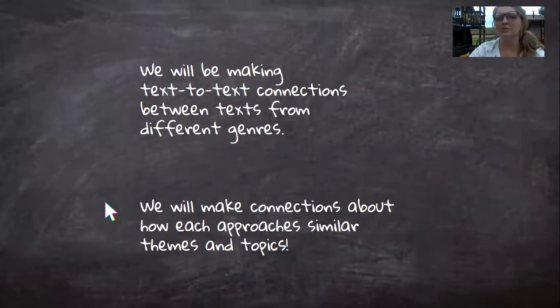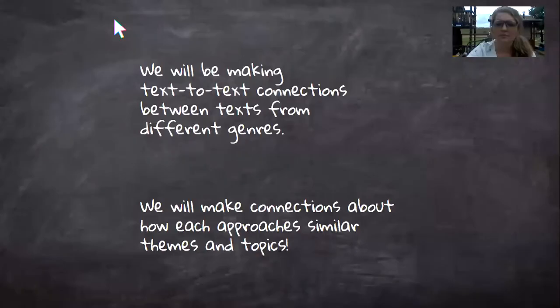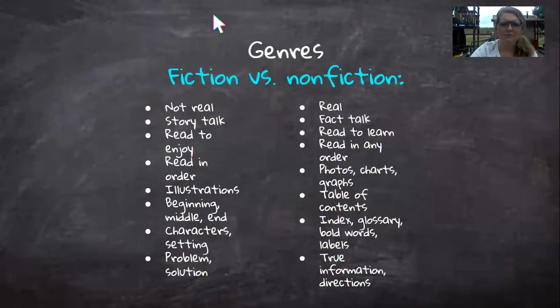So we're going to look for those similar themes and similar topics in all the different genres that we're going to go through today. And as always, feel free to take any notes that you want. If there's something you want to remember for later or a term that you want to write down, go ahead and do that.